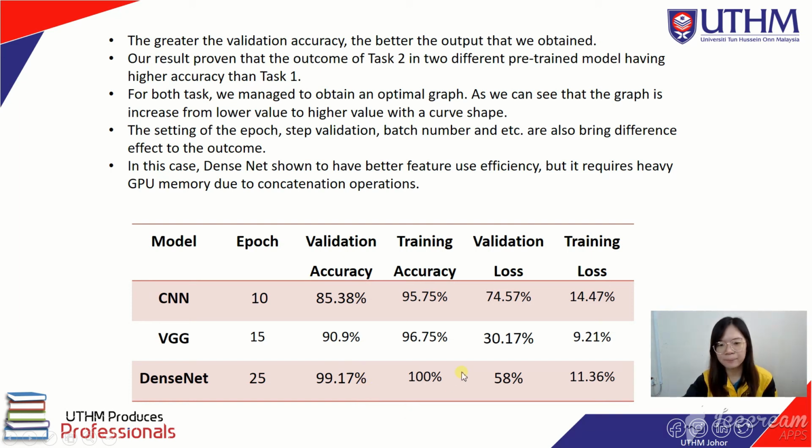So you can see here, if the validation accuracy is lower than the training accuracy, it means we obtain an optimum graph. Okay, the graph is optimum. So that's all for me. This is the training loss and training validation loss. I'll pass it to my other group member. Thank you.